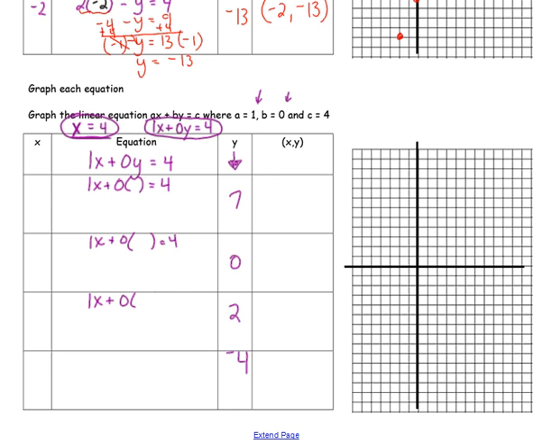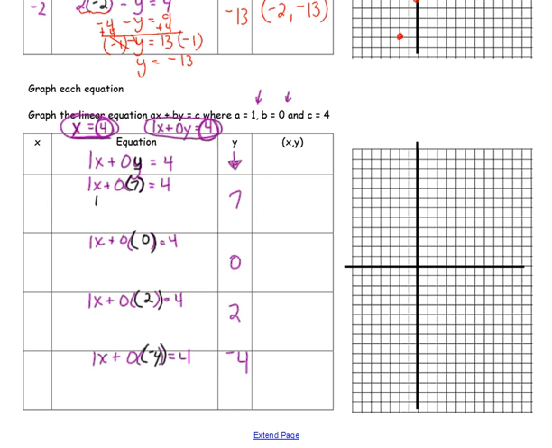It's equal to 4 every time. Now I'm going to substitute my y value. My y value is going to go in this spot. And my y values are 7, 0, 2, and negative 4.